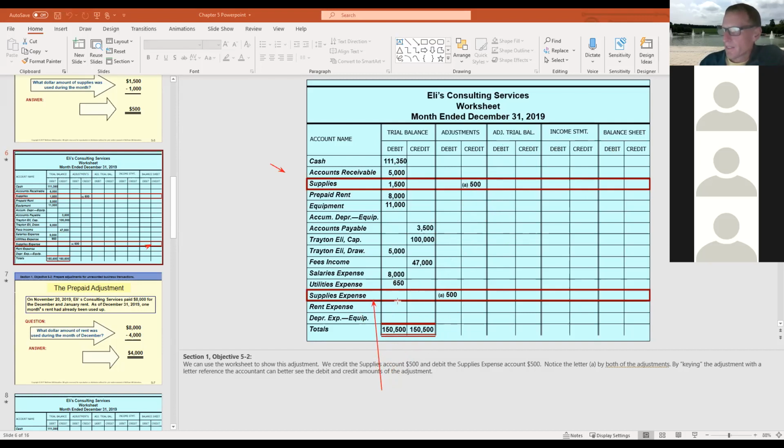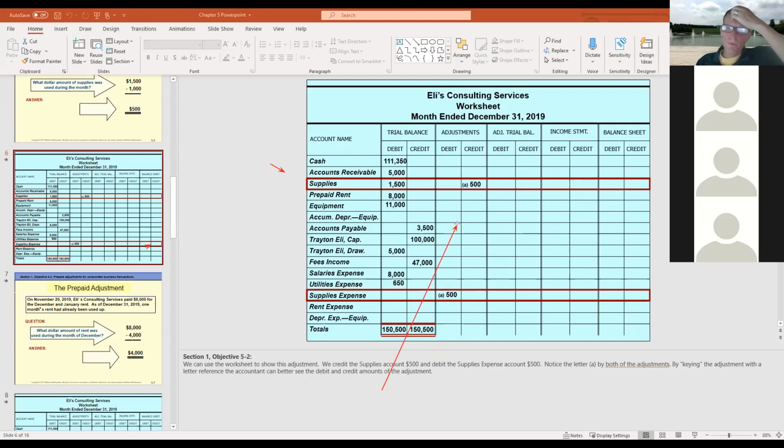For supplies expense, since you had nothing there, you simply take this 500 and you'd carry it over. All right. So it's not hard. So all you'll be doing is once you enter these beginning balances, you got to figure out which accounts we're going to be making adjustments on. You do the adjustments, and then we're going to carry it over eventually to these other columns.